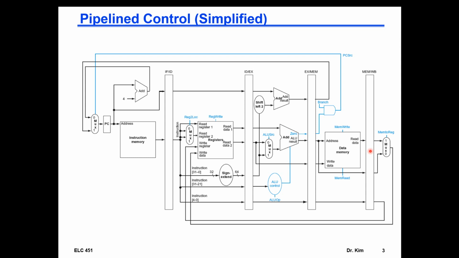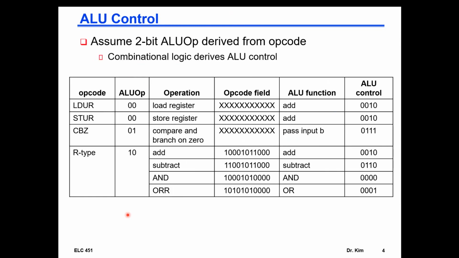So the question is, how do we add control? Well, it's actually the same control that we had for the single cycle, and we're going to determine those control signals during the instruction decode stage, which is this stage here that comes after the instruction fetch stage, which is this one.